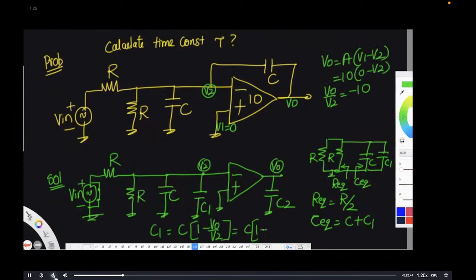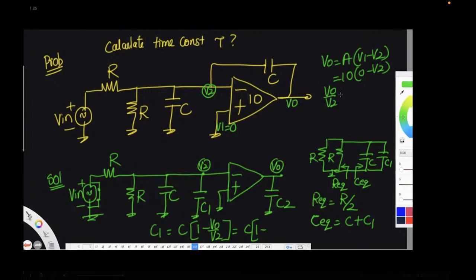V naught by V2 is going to be minus 10. So it is C minus of minus 10. It is 11C. So let me put C plus 11C. It is going to be 12C.